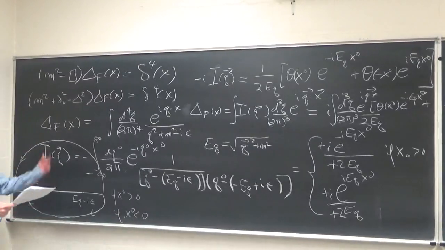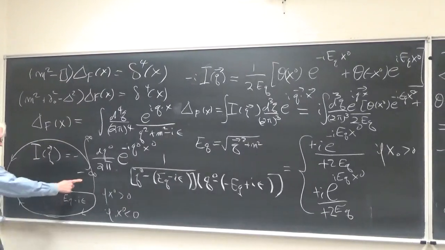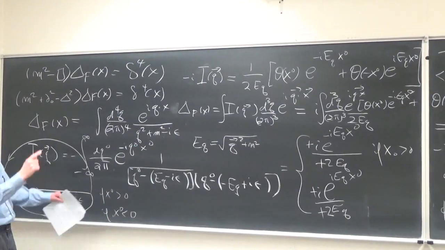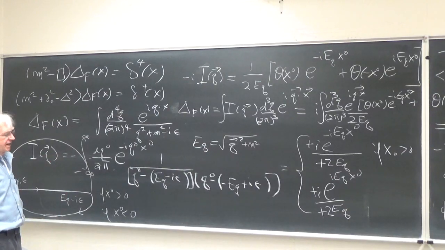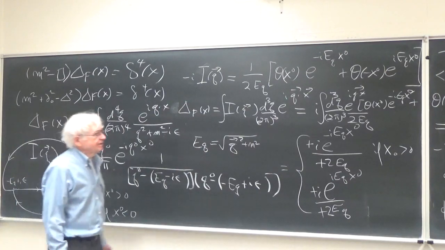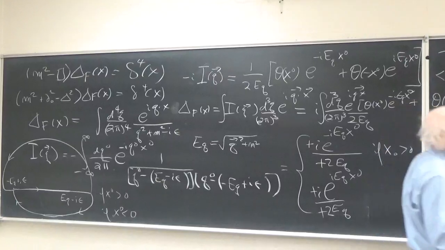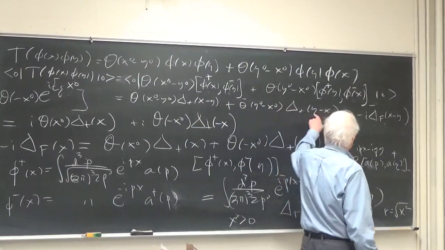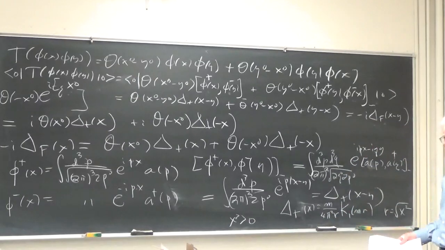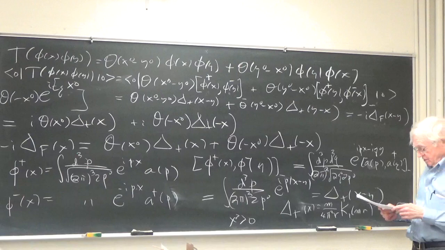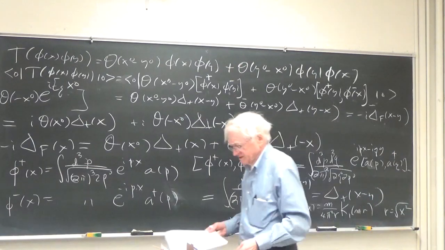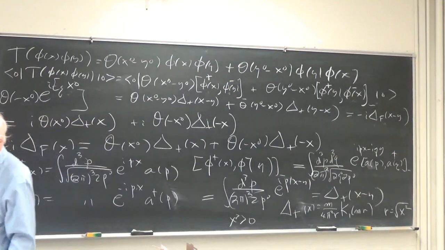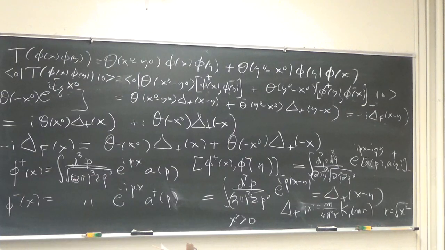If we had the opposite sign for i epsilon, we would have gotten a pole here and a pole there, and things would have been probably, I don't know, I can't do it in my head, but it might have been that there'd be a minus sign here and a minus sign there. I'm not sure, but we would have gotten something different. So that's the reason for the minus i epsilon.